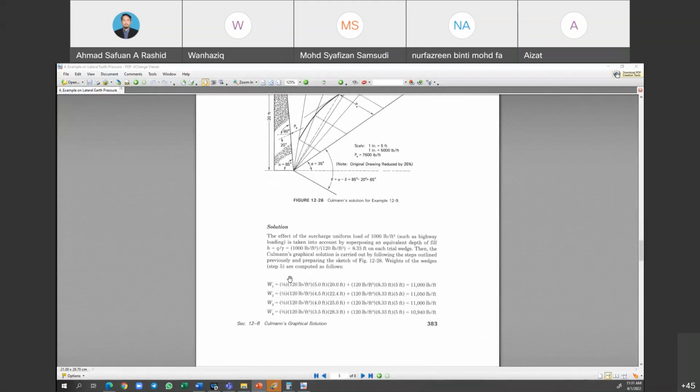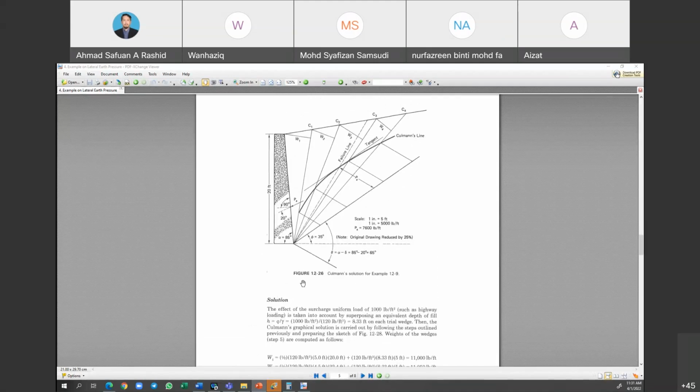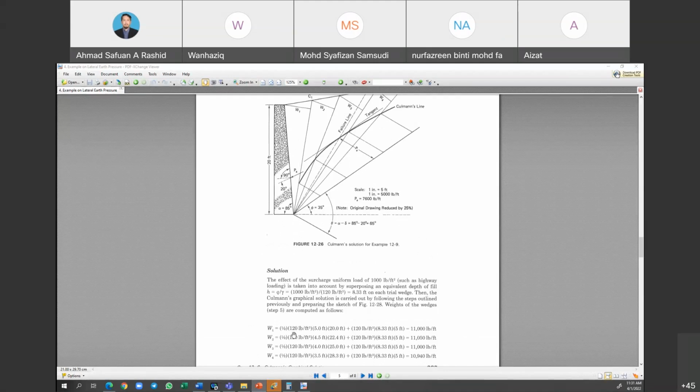So this is the way they calculate the W, which for this case is half times 120, the unit weight of the soil, times 5 feet times 20.